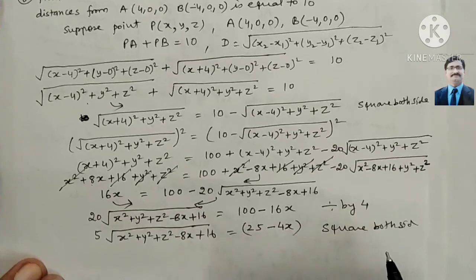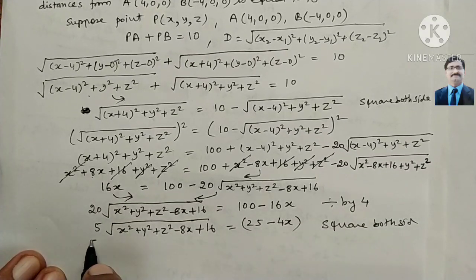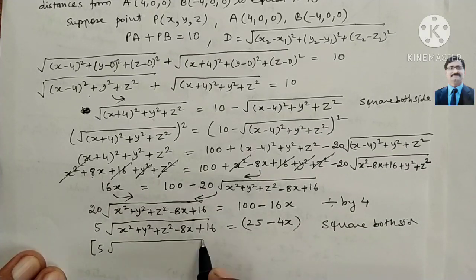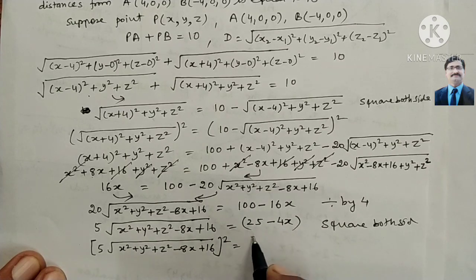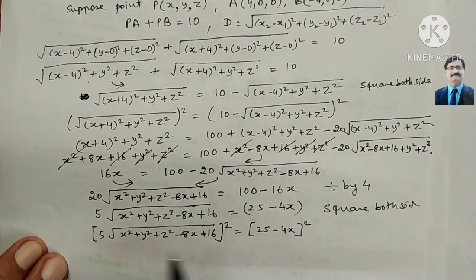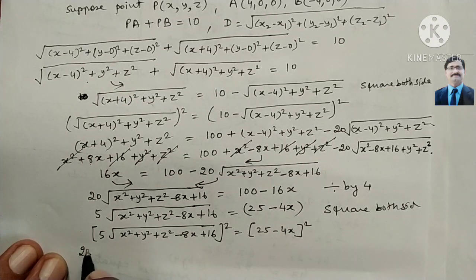Now we square both sides. Then we get 5 root of x square plus y square plus z square minus 8x plus 16, whole square, and on the right, 25 minus 4x whole square. Now 5 square is 25, and the square and root cancel.